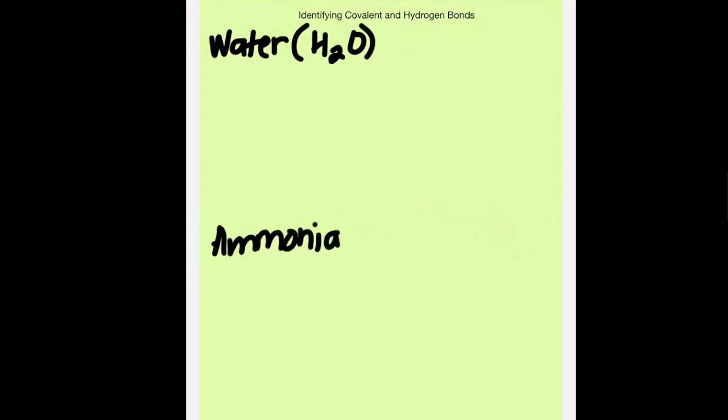So if we have water, for example, which is H2O, and we have ammonia, which is NH3, a hydrogen bond can form between those two molecules. So let me draw water, which is H2O.